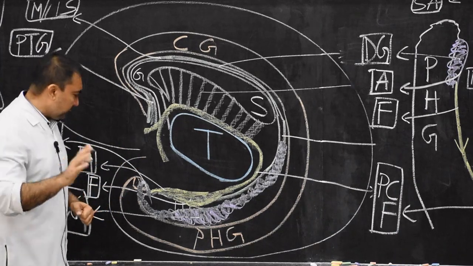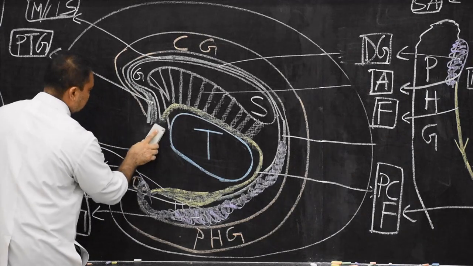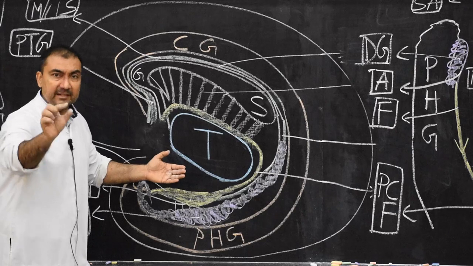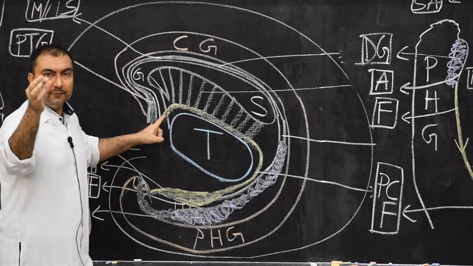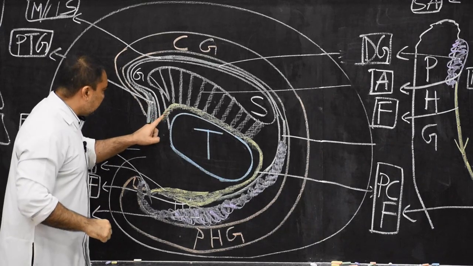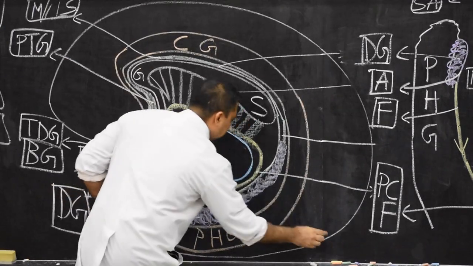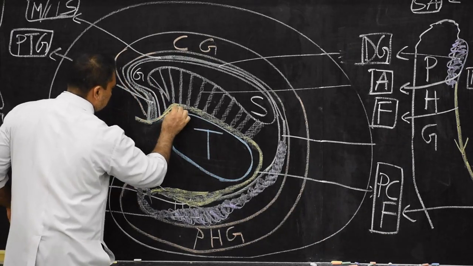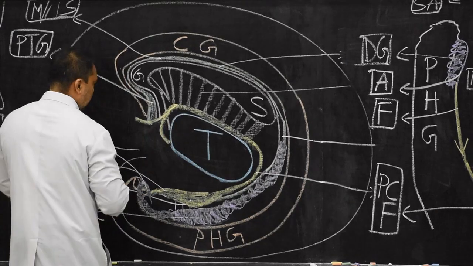So now, if we want to show the pre and postcommissural fibers, we will simply take a sagittal section. This is the sagittal section of one side only, so we will show only one anterior column of fornix. If this is the anterior column of fornix on one side, here we will divide it into two, and first one will go below.